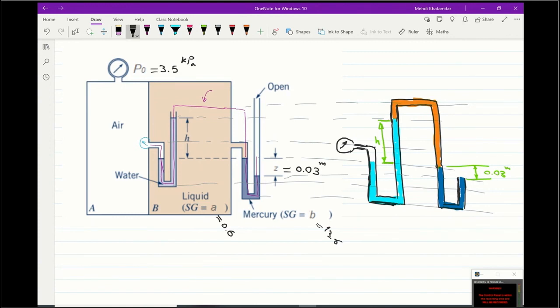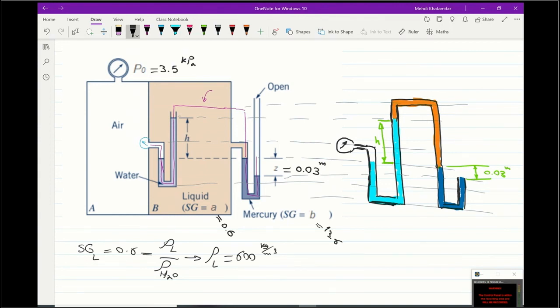Before we start writing the pressure balance, let's take care of the specific gravities. Specific gravity for that liquid, which is 0.6, is equal to the density of that liquid divided by the density of water. Therefore, the density of that unknown liquid is going to be 600 kilogram per meter cube.